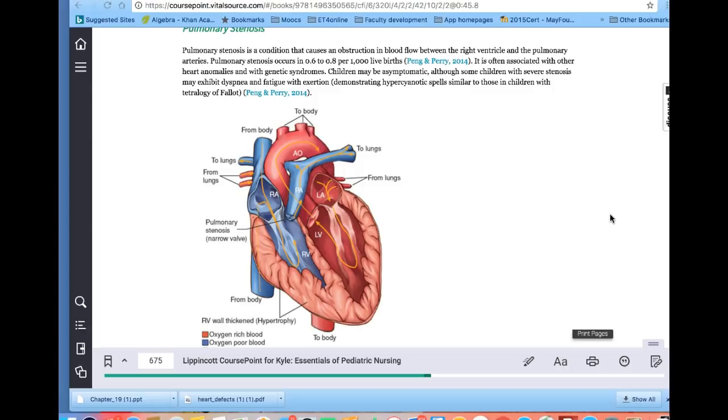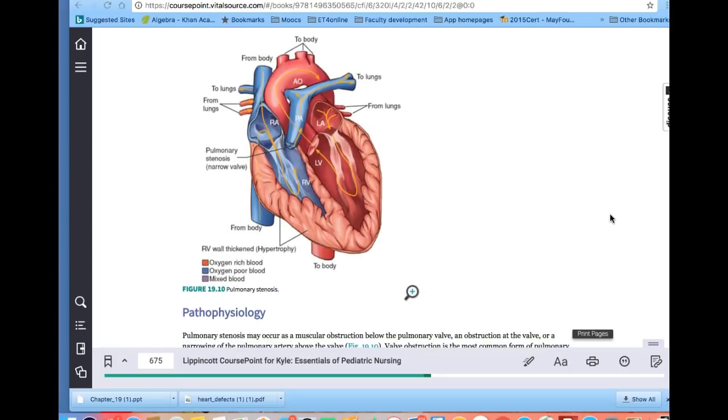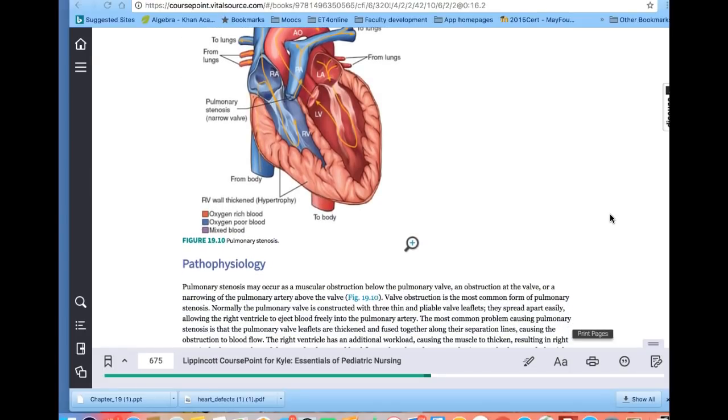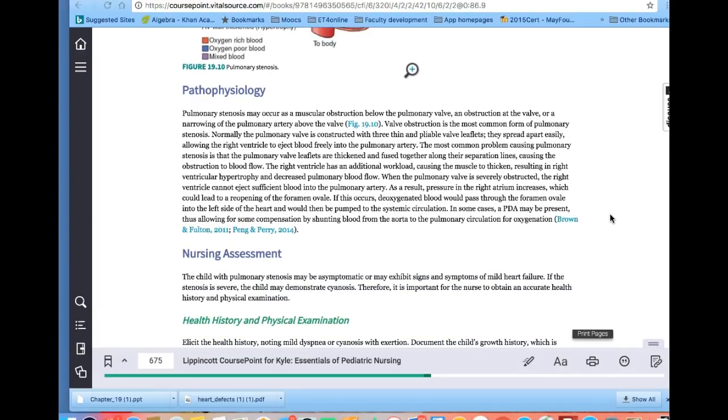You're also going to hear a click with S2, with pulmonary stenosis. Treatment is usually surgical. They can again use the balloon to go in and enlarge that valve, or enlarge that stenosed area.